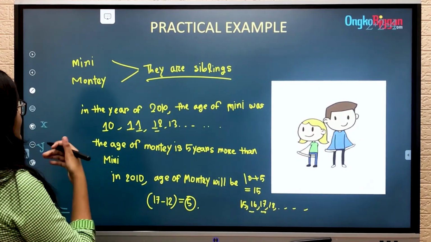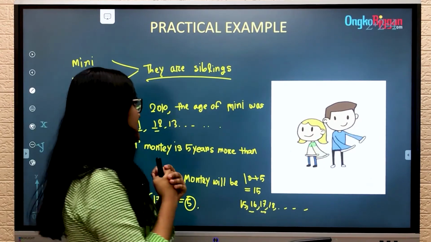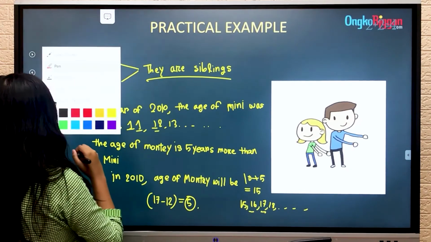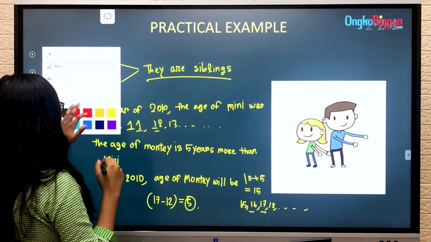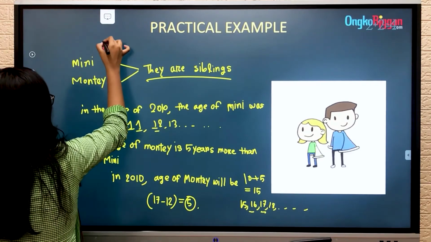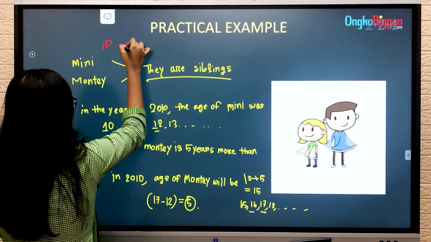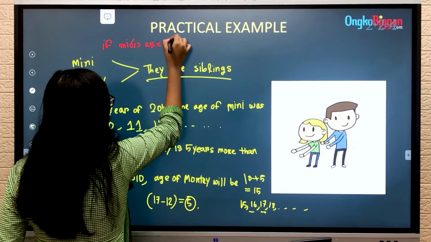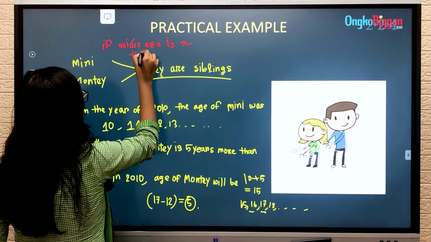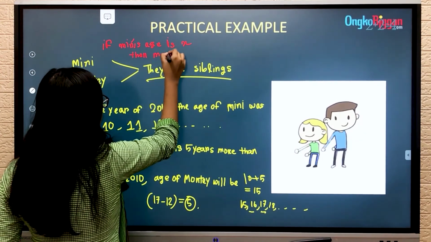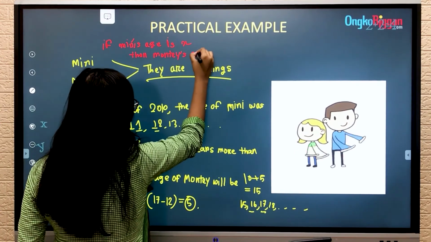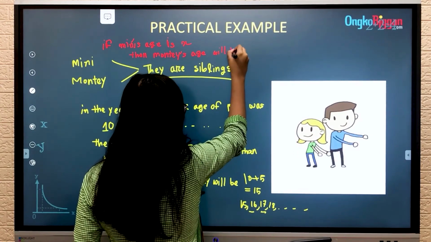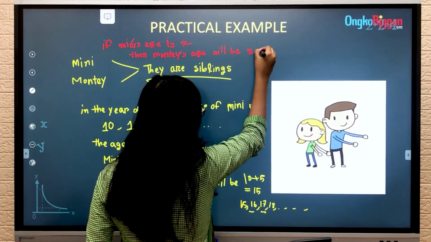So we can state a relation by algebraic expression that if we consider the age of Minnie as x, like I am saying, if Minnie's age is x, then Monty's age will be x plus 5.